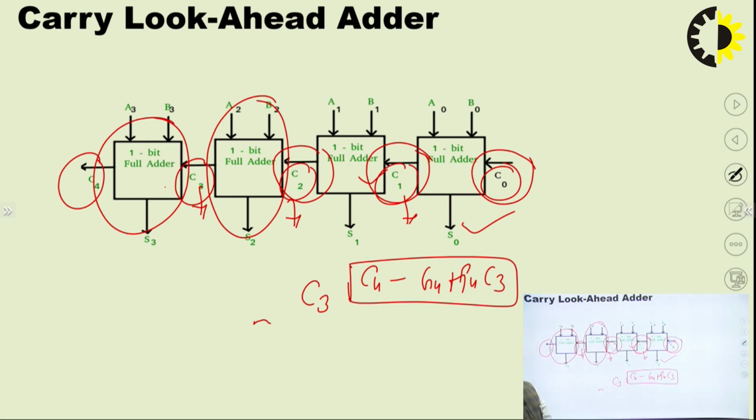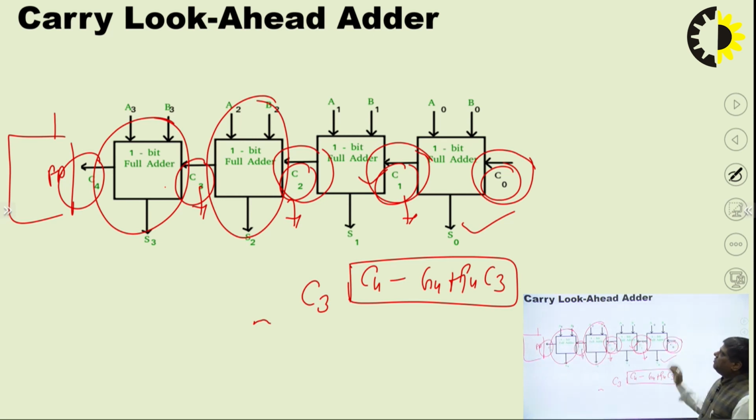That is the value of C4, and we can calculate C4 in advance so that we can remove the propagation delay for the next full adder. So, this is the main concept for this carry look ahead adder.